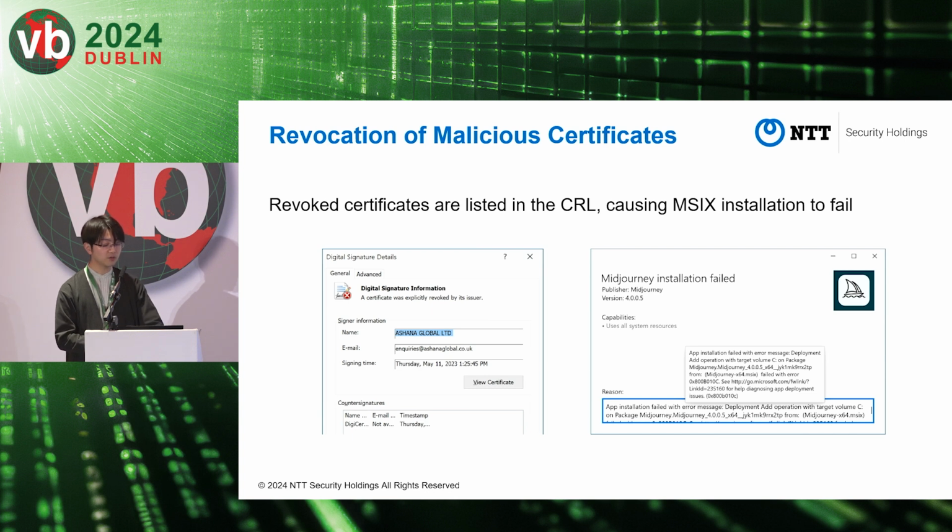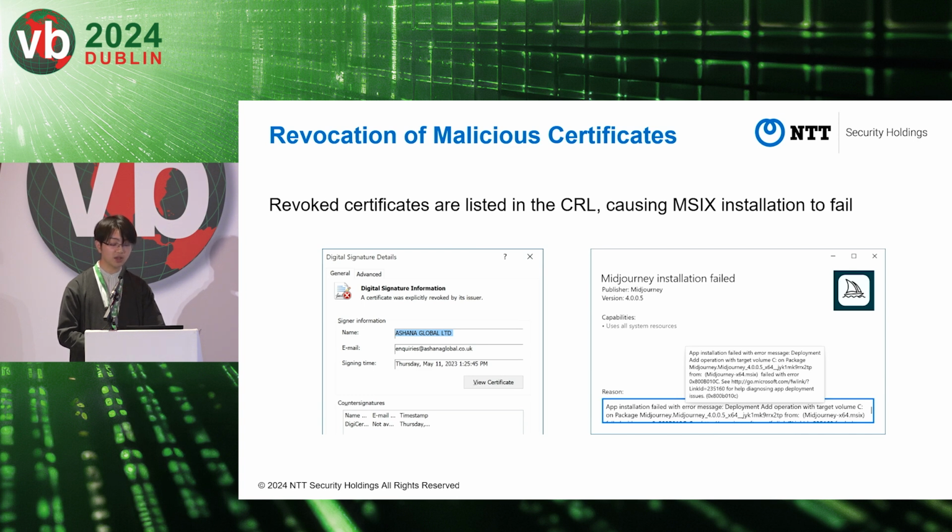When a certificate is revoked, its information is added to the certificate revocation list (CRL) and distributed widely through the certificate authority. As a result, any MSIX files signed with the revoked certificate will fail verification at runtime and will no longer be installable.